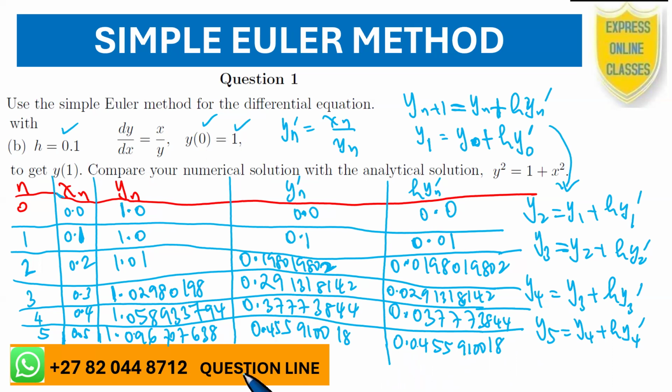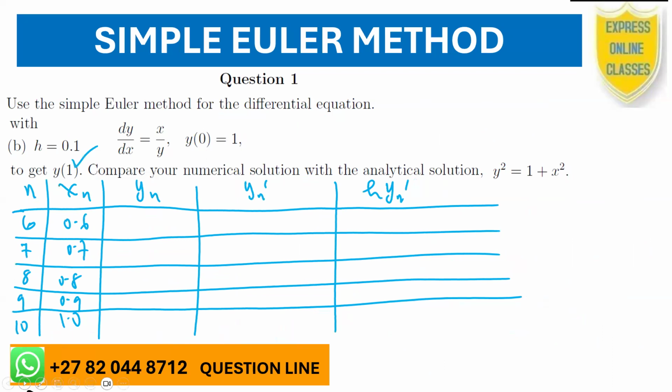Okay, let us continue. Then we're going to do the sixth one. We are finishing this table, and then we're going to move on to the next concept, which is going to be a different step size. Now we want to get n at 6, then this is x6, then this is y6.